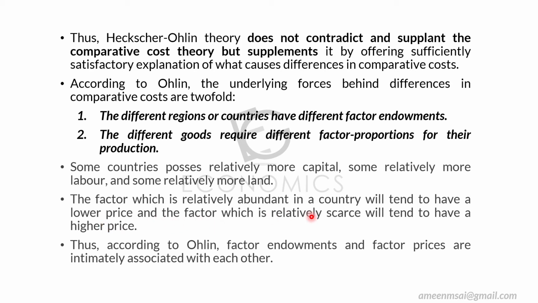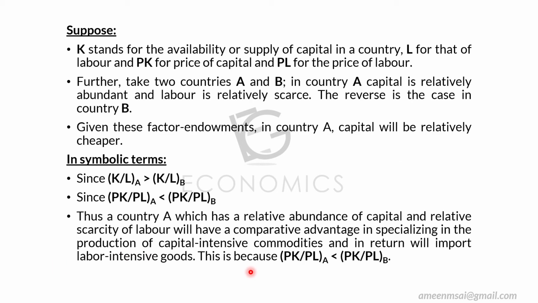The factor which is relatively scarce will tend to have a higher price. If a particular factor is less in our country, then its price will be more because its demand will be more. Thus, according to Ohlin, factor endowments and factor prices are intimately associated with each other.